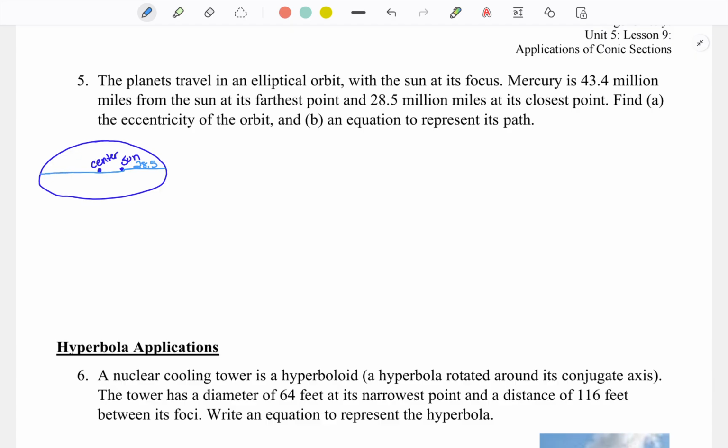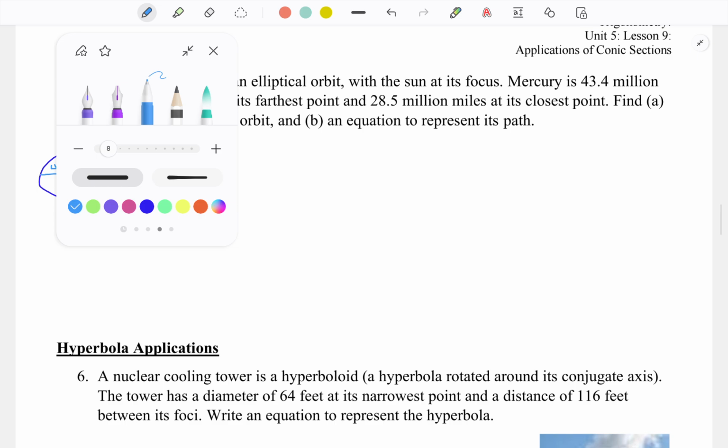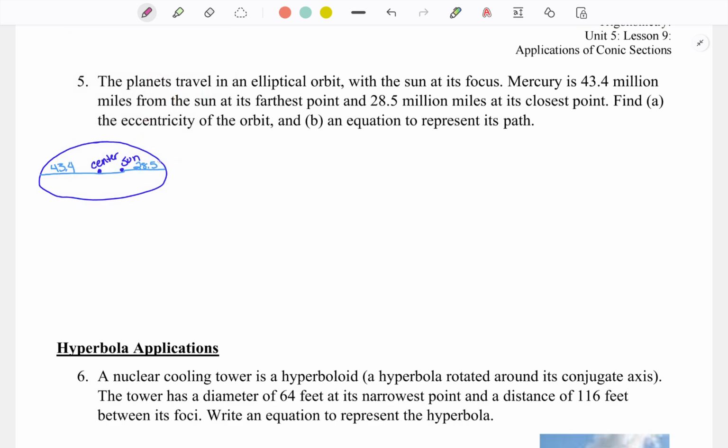And then at the furthest point, it is 43.4 million miles. So we are going to add these two values together to make up the length of our major axis. So that's going to be 2a is 43.4 plus 28.5. And so then 2a is 71.9, and then divide by 2.